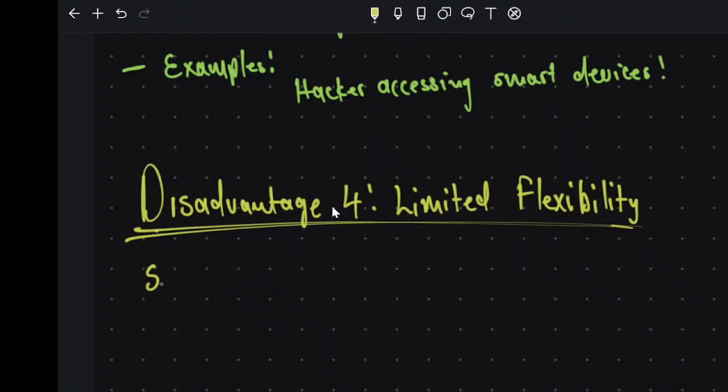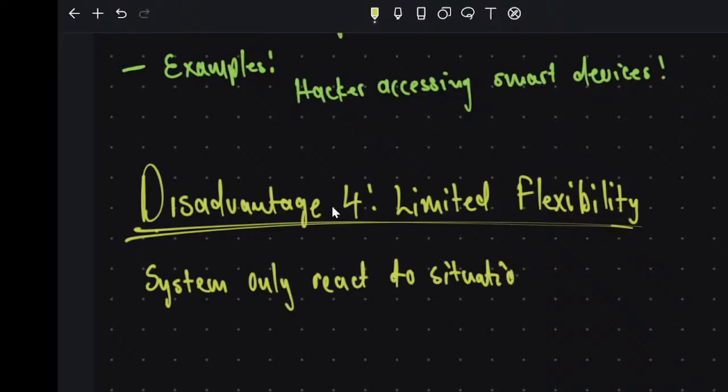So, systems only react to situations they were programmed for.